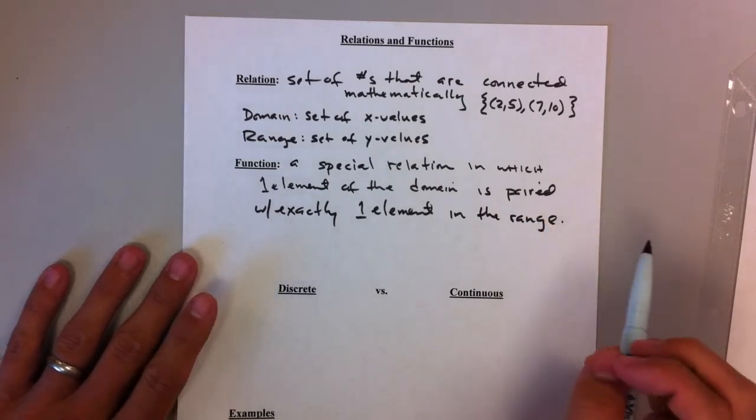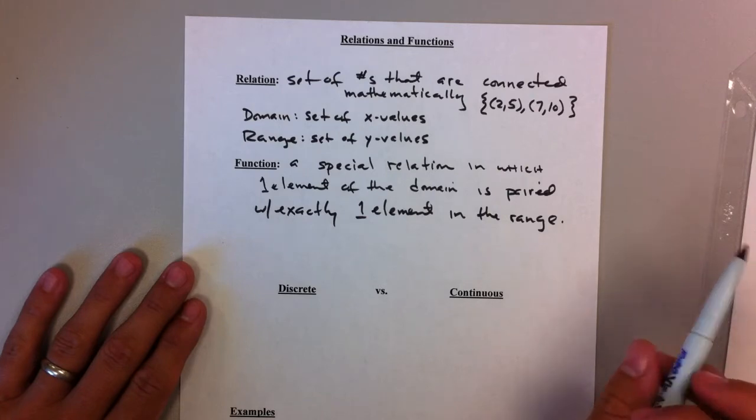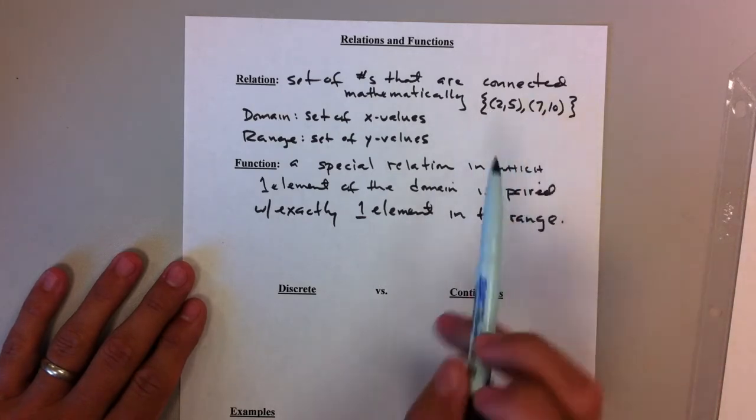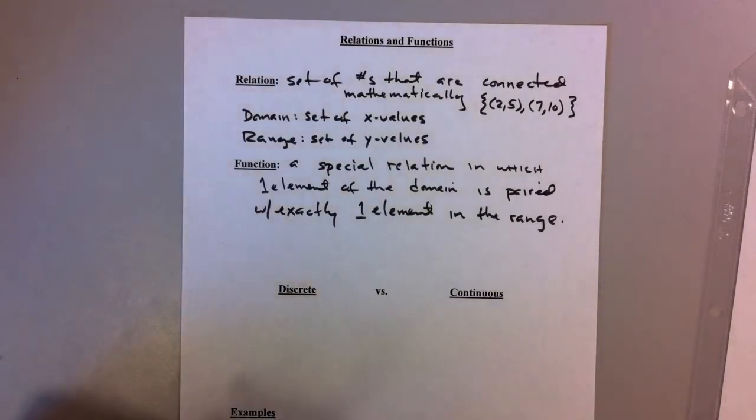That sounds complicated, but essentially it just means that when you look at a list of coordinates, you can't have x values that repeat. So x values cannot repeat.